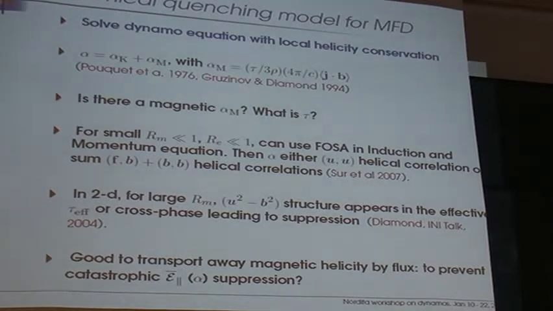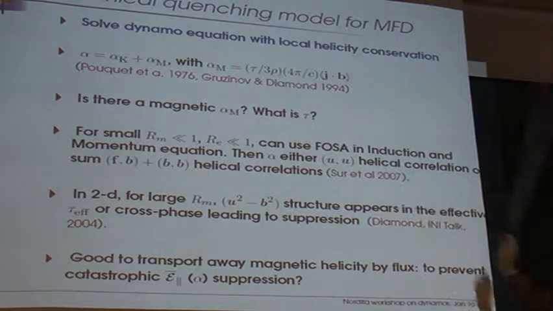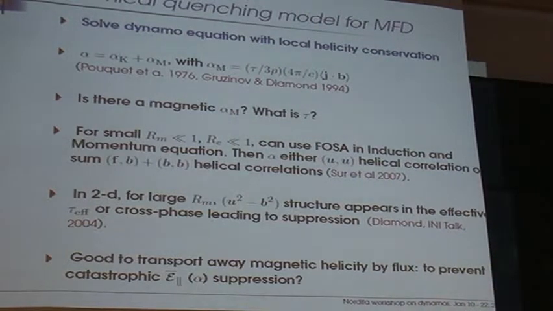But if you want to develop an understanding of what happens using mean field theory, or you want to understand what setups you should use to solve your equation, then you can look at this dynamical quenching model. The idea here is that you solve the dynamo equation, but you add into that this constraint from local helicity conservation. The dynamo equations are for the mean field, so it is not guaranteed to conserve the small scale helicity, because you've just thrown that out as you have done some closure.